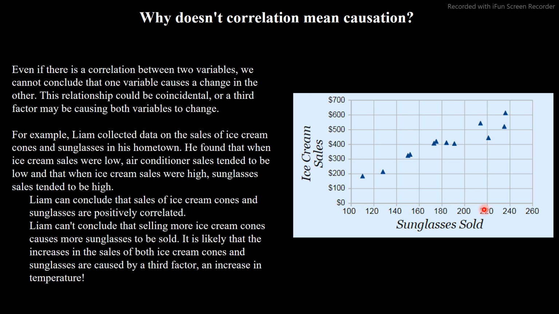Is the increase of sunglasses pushing ice cream sales higher, is this the cause? No, they are highly correlated, but it's not the sunglasses causing ice cream sales to increase, right? So you have to be very clear about correlation and causation.